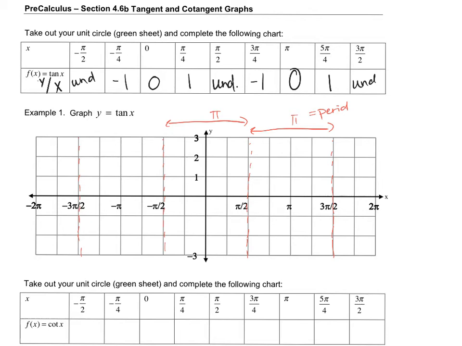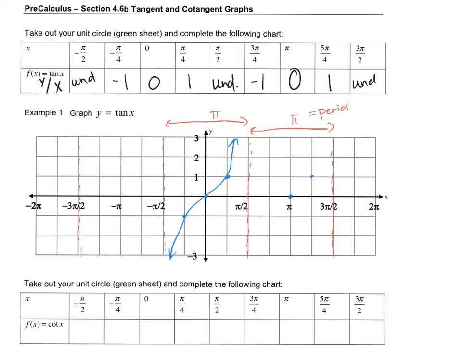Okay, let's plot some points. So when x equals 0, f of x is 0. At pi over 4, it's positive 1. And at negative pi over 4, it is negative 1. So although this looks like it may form a line, it doesn't. It looks kind of like a cubic function, except it's going to be constrained by these vertical asymptotes.